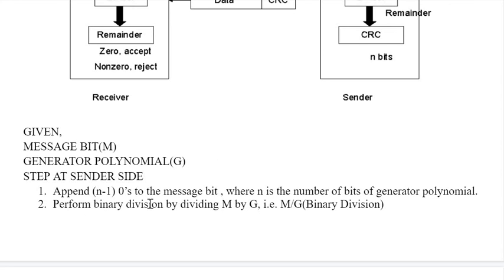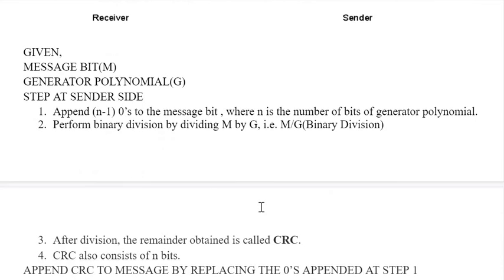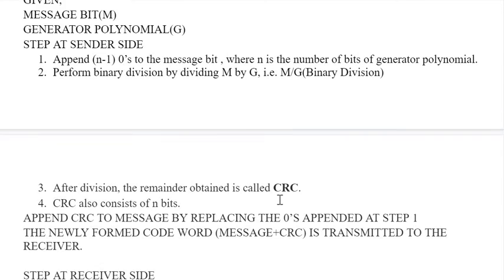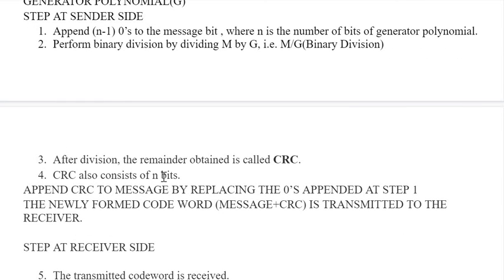After that we'll perform a binary division by dividing m by z. After division, the remainder obtained is called CRC. CRC also consists of n minus 1 bits only. Then at the sender side, we'll append the CRC to the message by replacing the zeros appended at step 1, whatever number of zeros we appended.